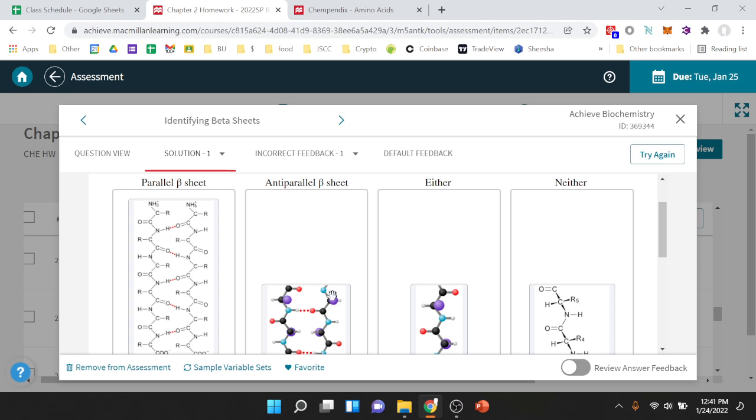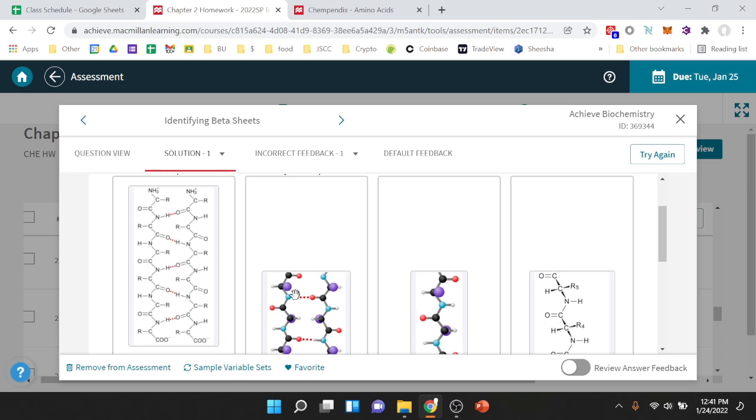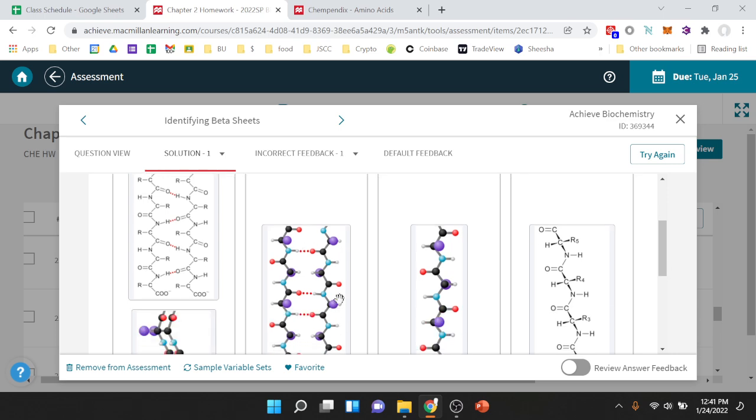See that? And why is that? Because they're going opposite directions, right? Where one's nitrogen is, the other one's oxygen is. Where one's oxygen is, the other one's nitrogen is, right? And so you literally can just go down the chain and go, you know, oxygen, nitrogen, nitrogen, oxygen. See that? They're opposites. So they have to be opposite of parallel, right?